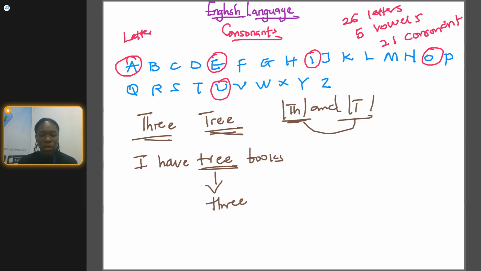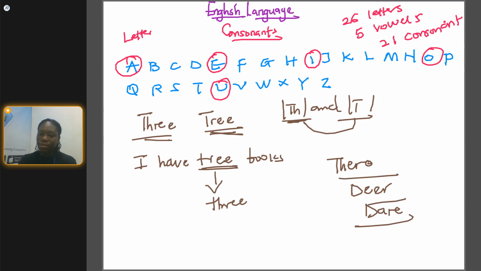You can also have examples like THER, there. With words like this, the majority of the people will pronounce these words the same way. You just hear there, there, there, whereas they are different.